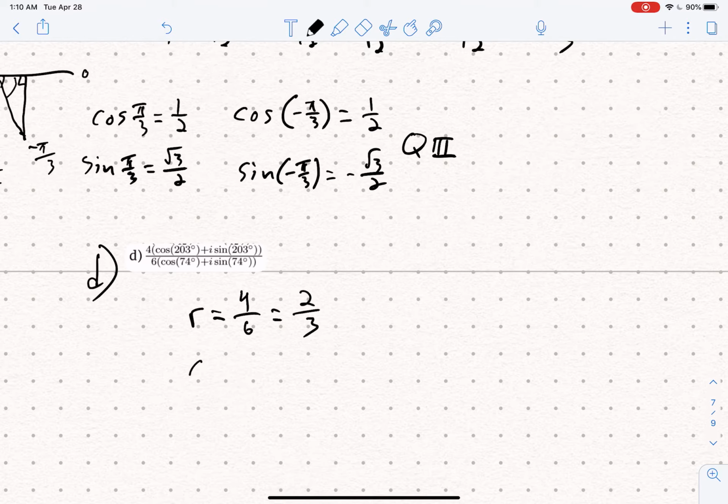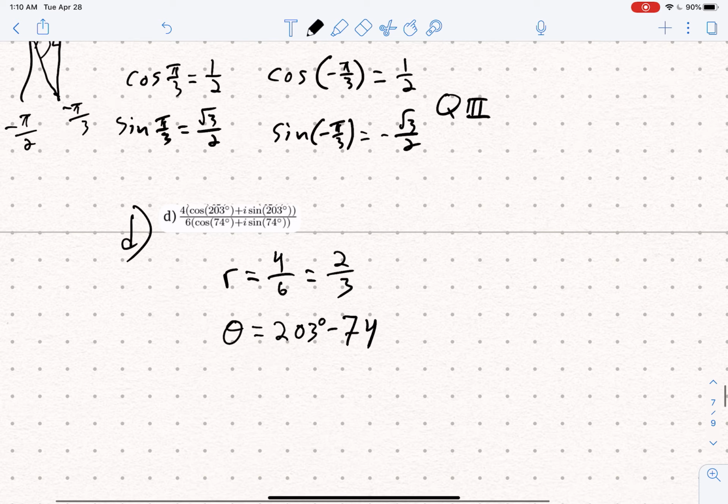And what is our angle theta? Well, since we're dividing, we're going to go 203 minus 74. 203 minus 74 is 129 degrees, if my mental arithmetic is good, although it is, I admit, 1 in the morning, so it's worth checking.